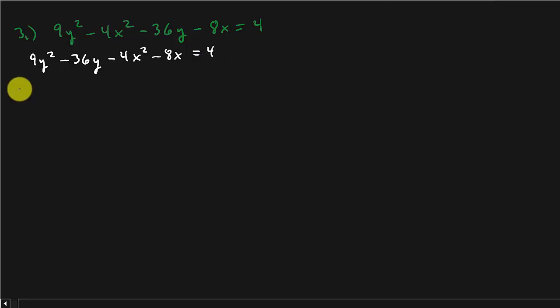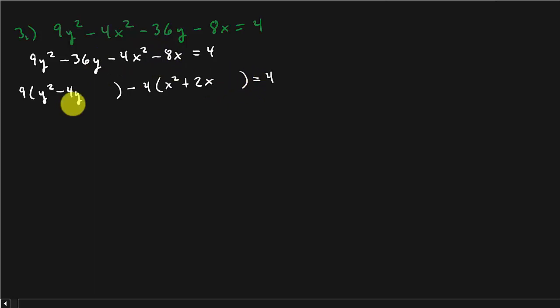All right, so in order to do that, the number in front of the squared term has to be a 1. And so I'm going to factor out a 9. And then here I'm going to factor out a negative 4. So that's negative 4 times x squared plus 2x. And you're factoring out a negative, so that has to change to a positive, equals 4.